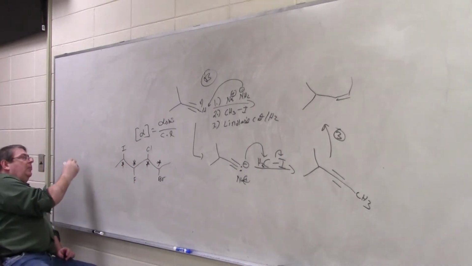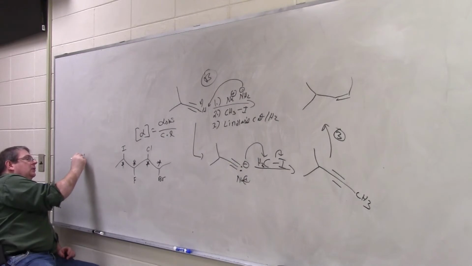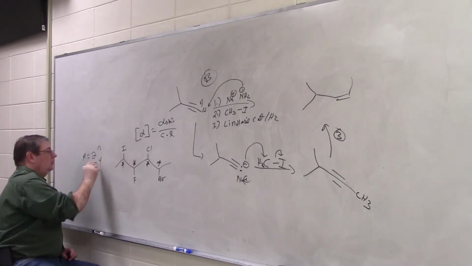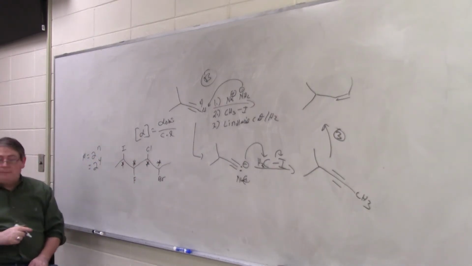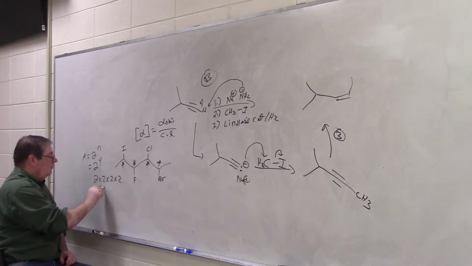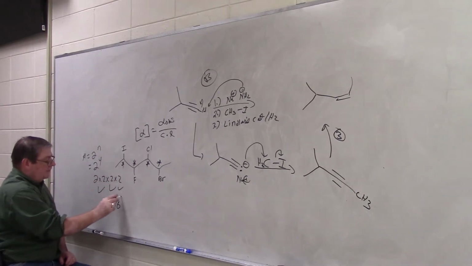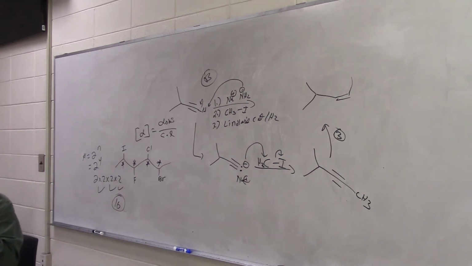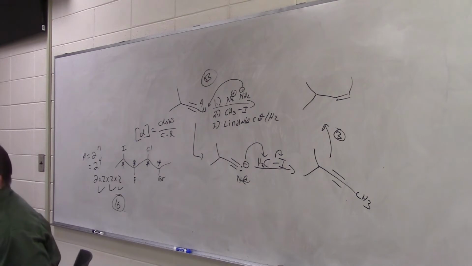So the maximum number of stereoisomers is going to be equal to 2 to the n, where there's 1, 2, 3, 4. So it's 2 to the 4th, right? So 2 times 2 times 2 times 2, 4, 8, 16 is the maximum number of stereoisomers for that particular molecule that I just drew there.